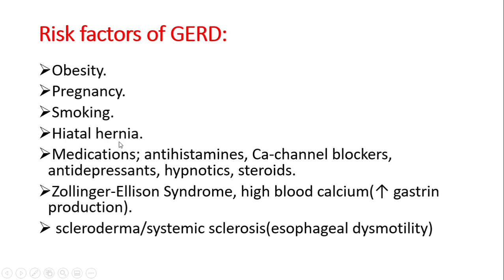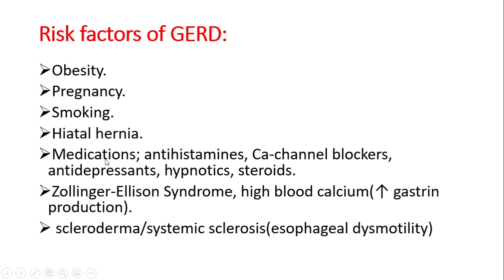Hiatal hernia, protrusion or bulging of part of the stomach into the chest through a weak widening of the diaphragm, will result in food and rich acid content with its irritant effect on the esophageal mucosa.